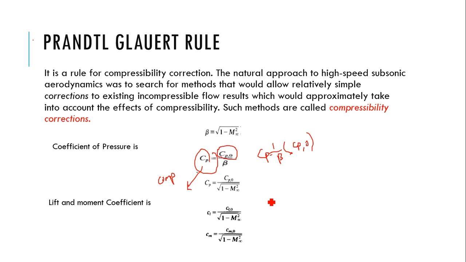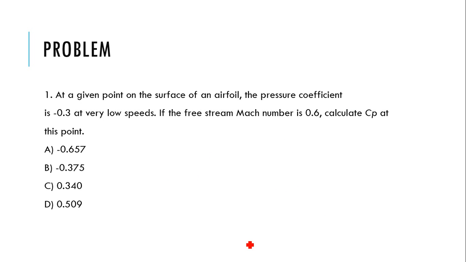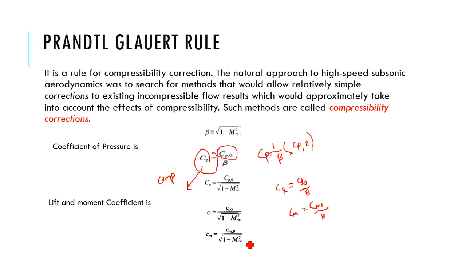In the same way, CL equals CL0 divided by beta, and Cm equals Cm0 divided by beta. For beta we write square root of 1 minus M infinity square, so Cm equals Cm0 divided by square root of 1 minus M infinity square. Just note this formula. We can move on to the next sum.